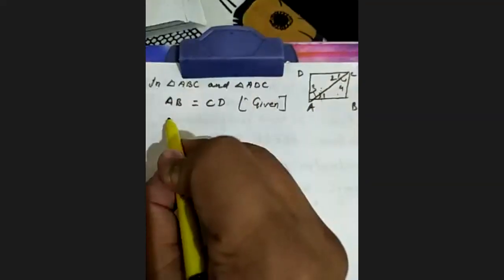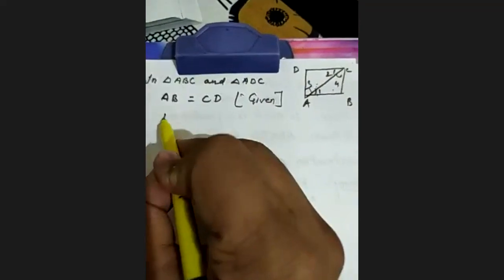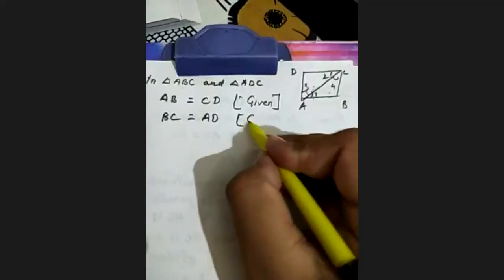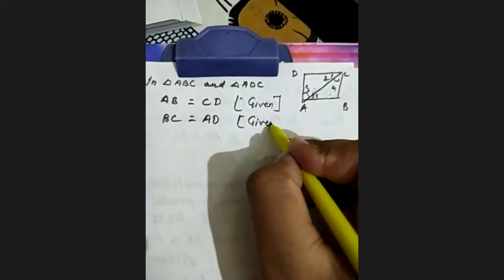Then the second side we compare: side BC compared to side AD. Again both are equal because it is given in the question.